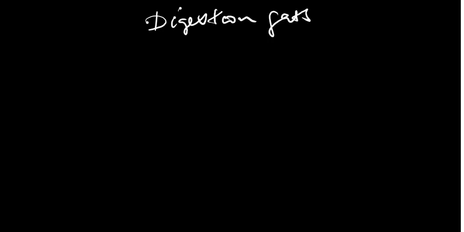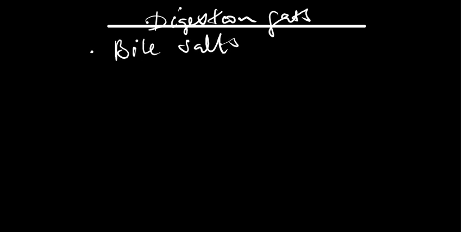Next up we are going to look at the digestion of fats. How are fats digested? We have what we call bile salts in the body. These bile salts are amphipathic, so they interact with insoluble fat granules and convert them into dispersed micelles.